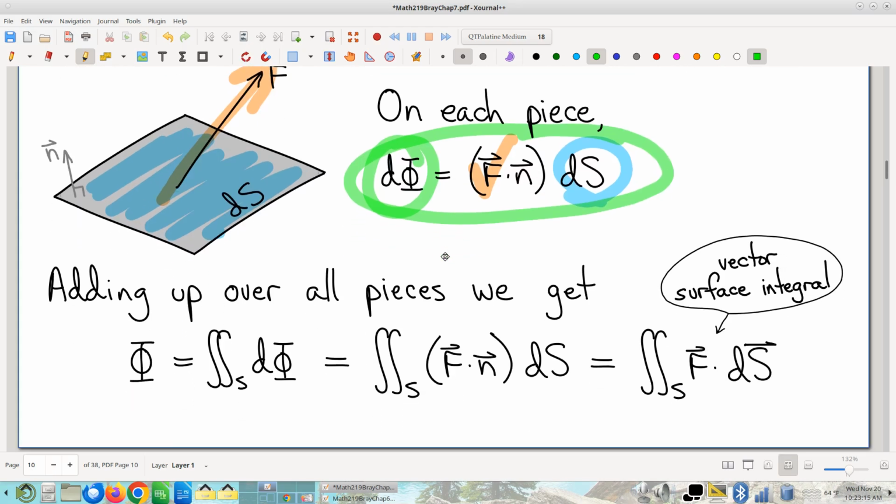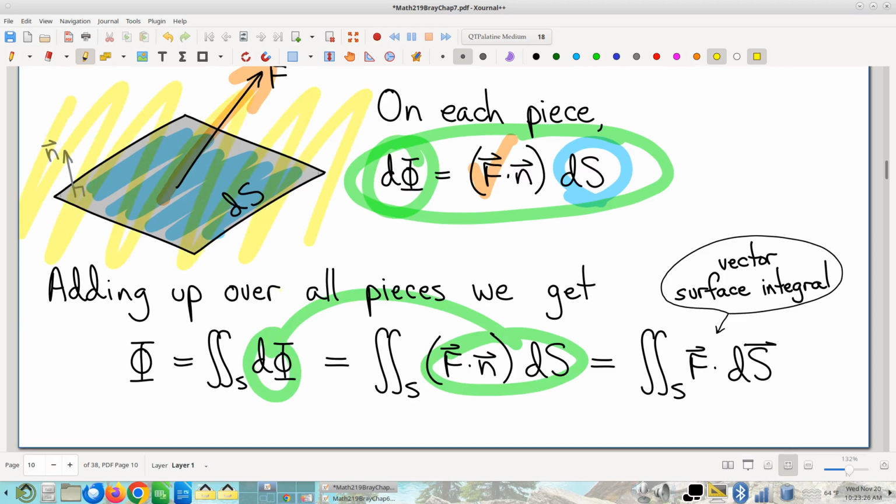All right, and then how you add that up is exactly what you would think and hope. On each little piece, we have a formula. If you want to add up over the entire surface, cool. You just write that down.